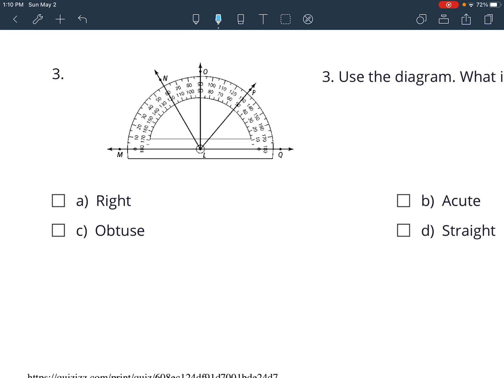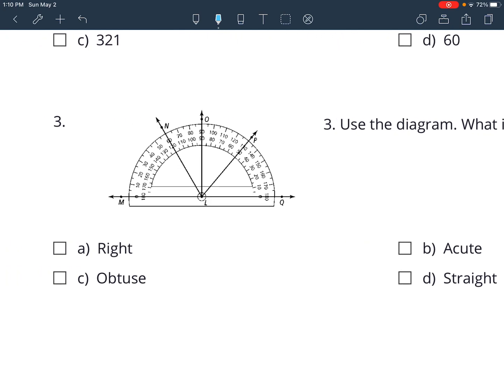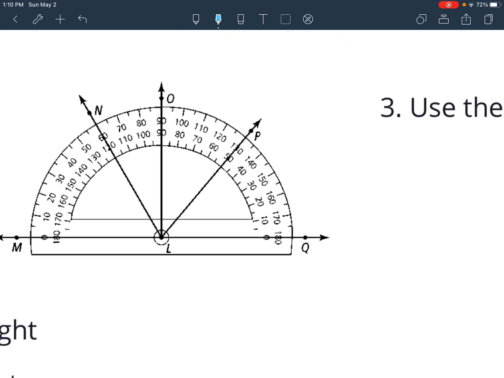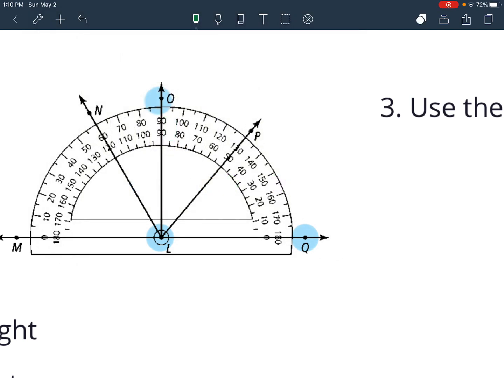So number 3 now. Classify the angle OLQ. From right there, most of you might be able to get the answer. That's a 90-degree angle.